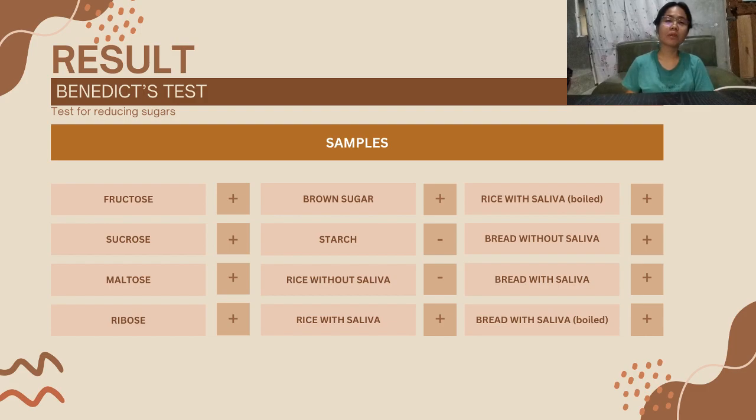However, the samples that showed negative results are starch and rice without saliva. In Molisch test, the samples showing only negative results are rice with saliva boiled, bread without saliva, and bread with saliva boiled.